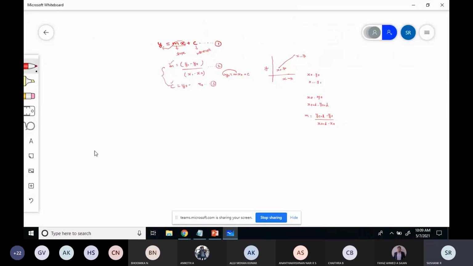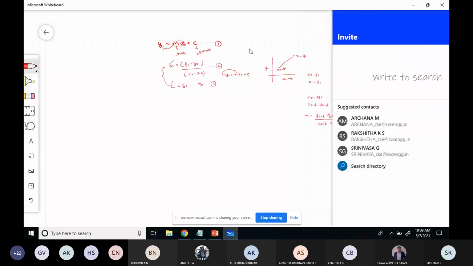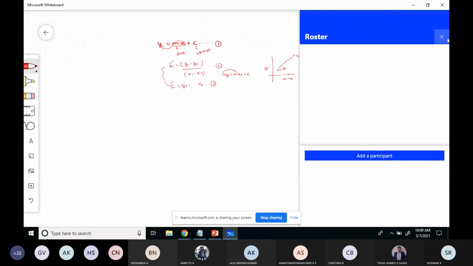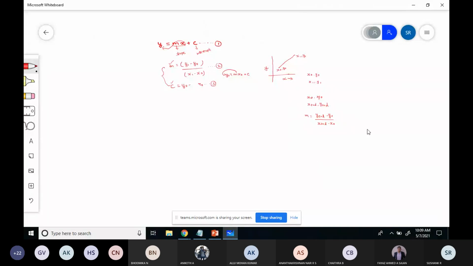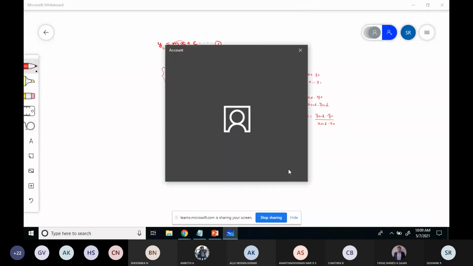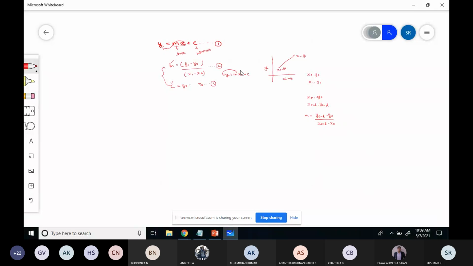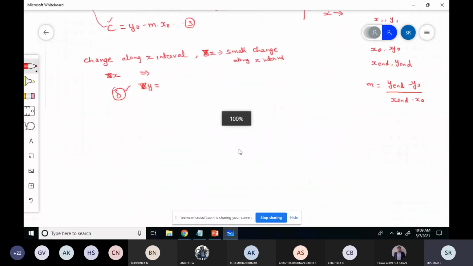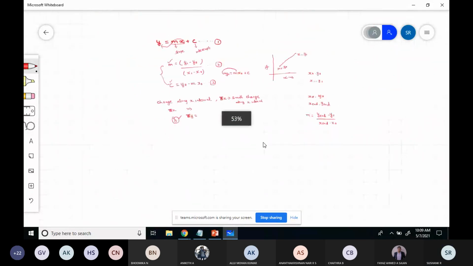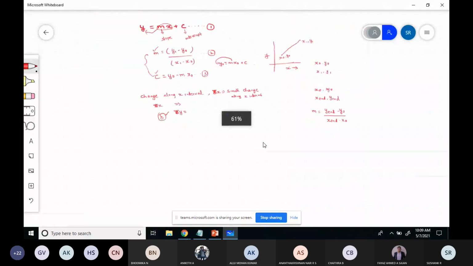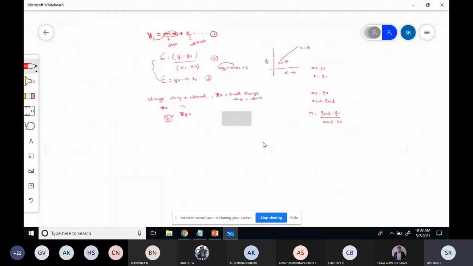Just give me a minute. I'll just increase the size. Okay. So now it is toggling between.